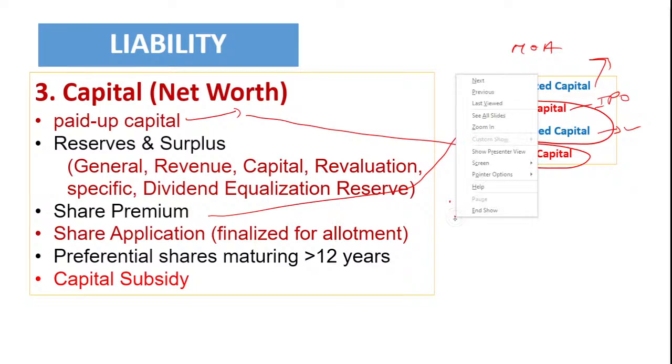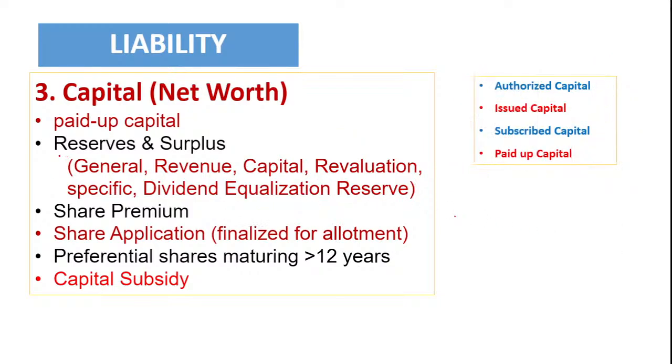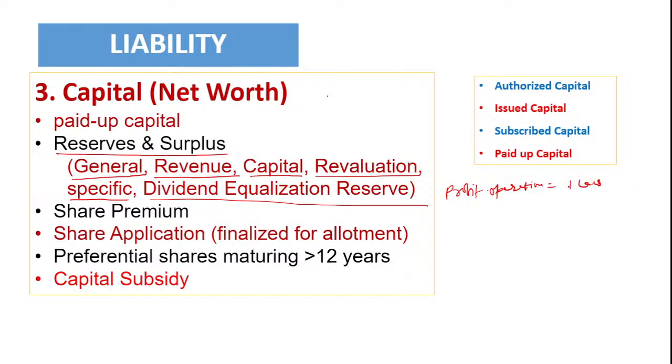Now coming to the reserve and surplus. Friends, in the reserve and surplus, there are so many words you will come to know: general reserve, revenue reserve, capital reserve, revaluation reserve, specific reserve, dividend equalization reserve. What is the difference between all these? First I will tell you, suppose the company has earned a profit from the operation of 1 lakh rupees.